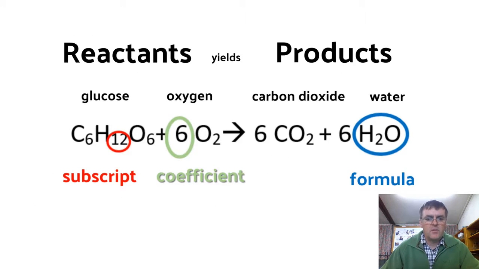So there's our summary again, but now we've put in a plus here and an arrow here, and if we've got more than one product we'll put a plus here as well. So glucose plus oxygen becomes carbon dioxide and water, and that's our word equation.